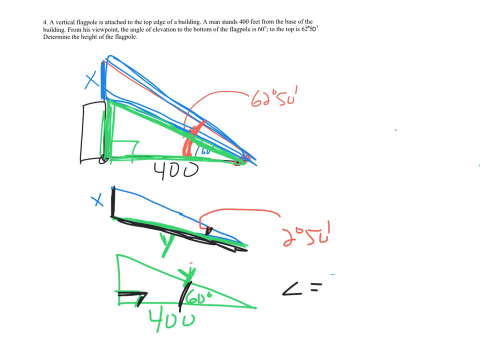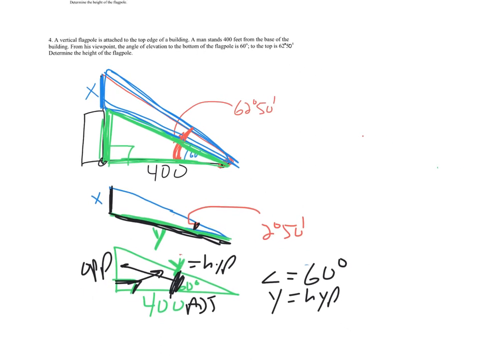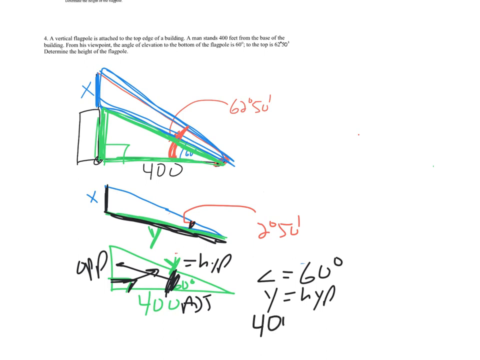So here my angle is going to be 60. I know y is the hypotenuse because it's opposite the right angle. And that 400, since I'm using angle 60, would be adjacent. So here's what I know about this right triangle. I have the hypotenuse, I have the adjacent.